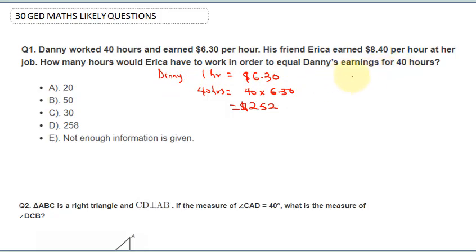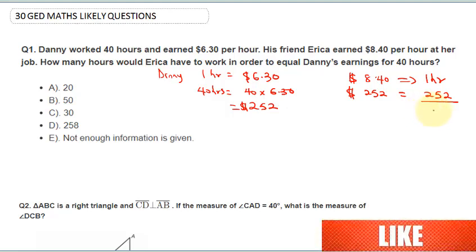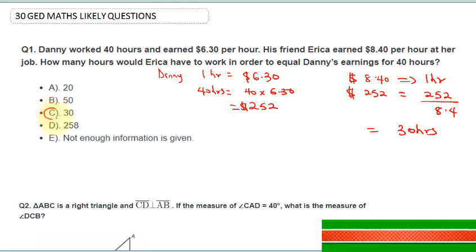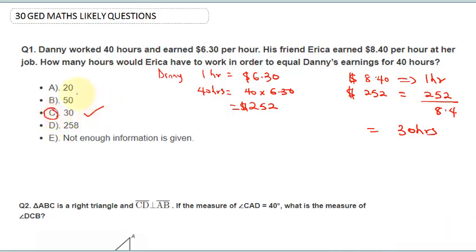So if Erica earns $8.40 in 1 hour, therefore Danny's total earning for 40 hours was $252. So for Erica, it's going to be 252 divided by 8.4, and when you do this division, it's going to give you 30 hours. So the correct answer here is going to be C. So mark C.